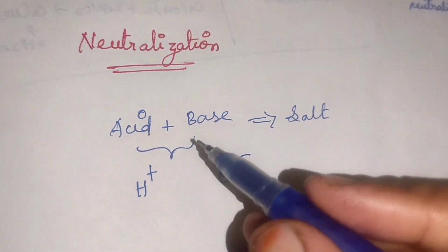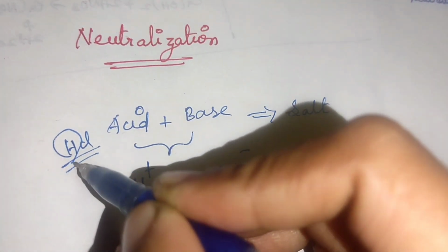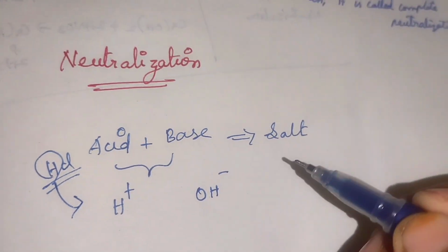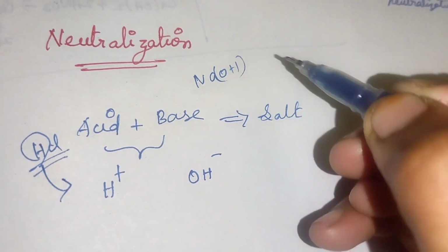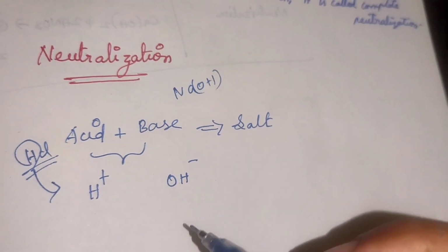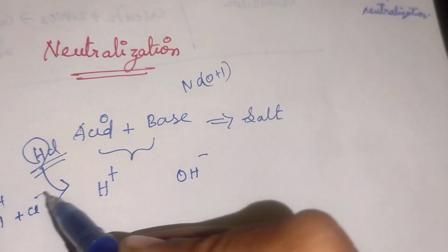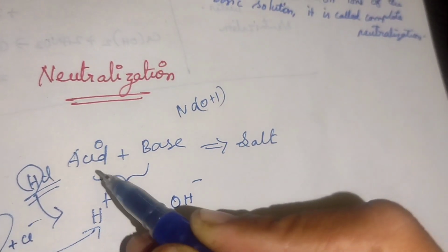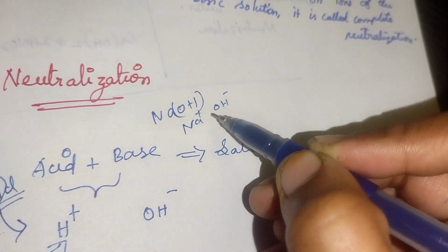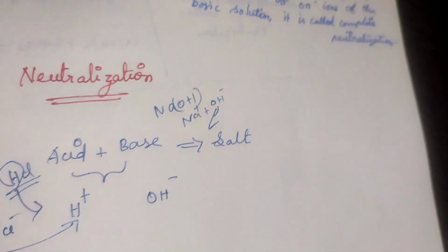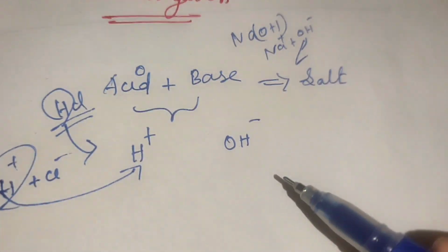Any acid, for example HCl, has H plus ions in it. Like that, any base, for example sodium hydroxide, has OH minus ions. So this HCl will separate as H plus and Cl minus, and the base will separate as Na plus and OH minus.